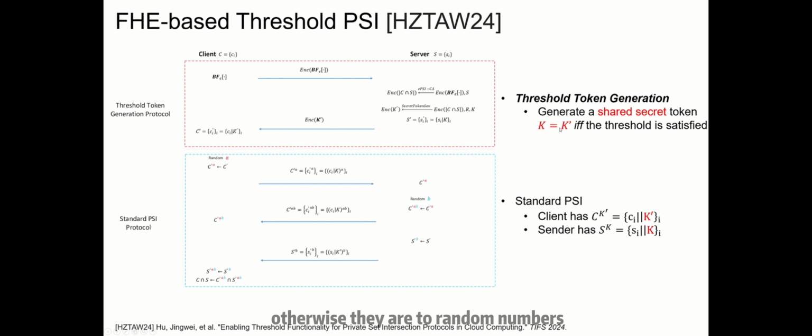Otherwise, they are two random numbers. And then after generating the two tokens, we augment the original set by appending the token to the end of the elements in the set. And after that, we perform a standard PSI to get the intersection. And this intersected result will be the desired output of the threshold PSI.